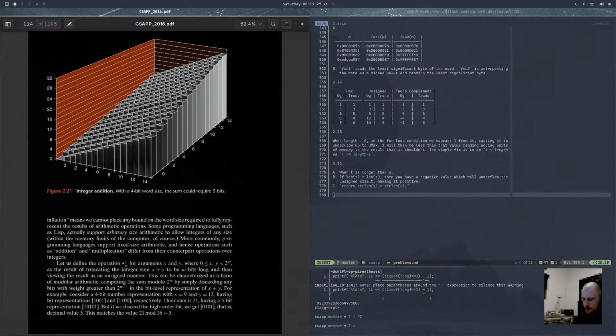Let us define operation plus sub u w between for arguments x and y, where 0 less than or equal to x and y is less than 2 to the w, as the result of truncating.